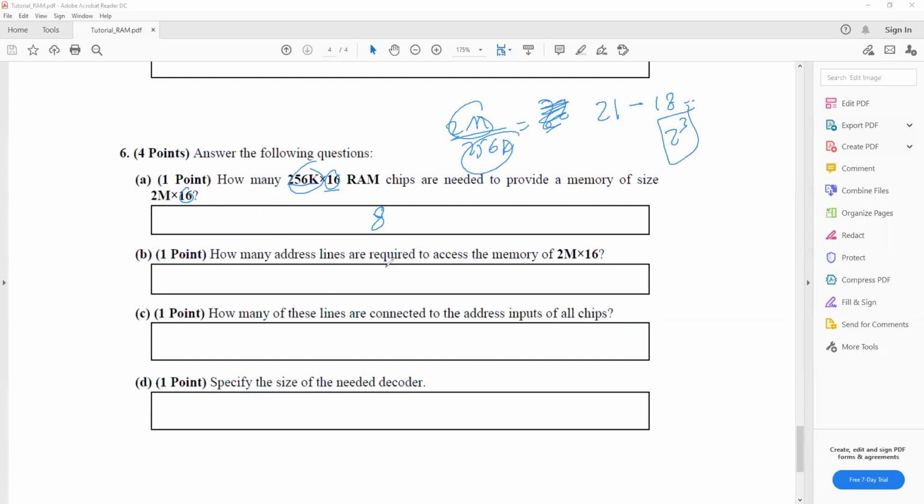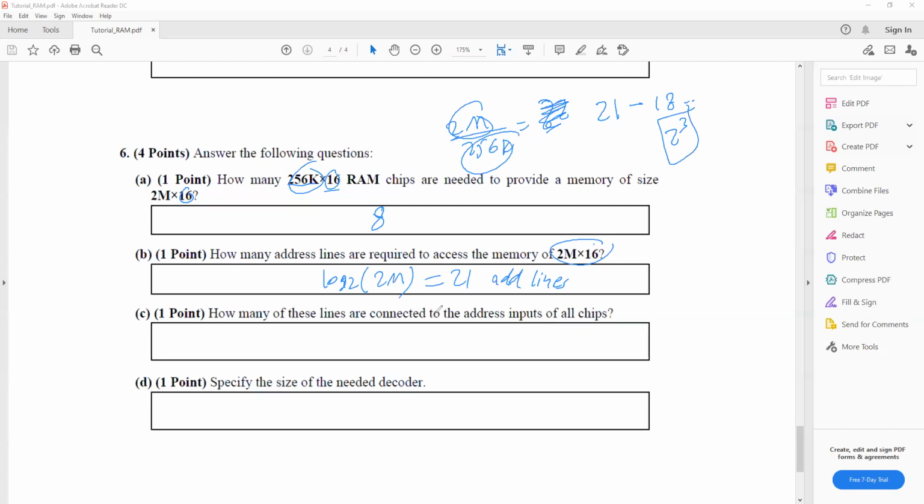Okay, how many address lines are required to access the big memory, which is 2M by 16? That's going to be log2 of the number of words, which is 2 mega. That's 2 to the 1 by 2 to the 20, so that's 2 to the 21. Sorry, that's 21 address lines, 21 bits.